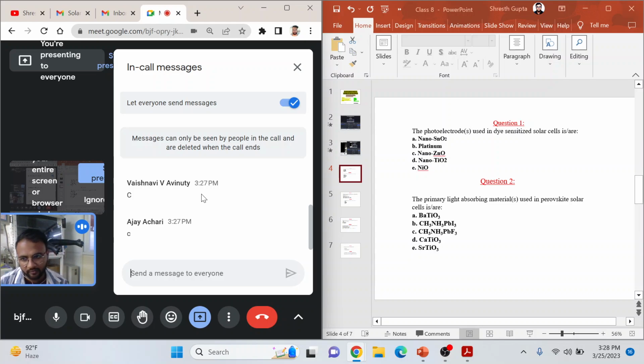One is called the Goldschmidt tolerance factor, and the second is called the octahedral factor. To lie in the domain of perovskites, the Goldschmidt tolerance factor needs to be between 0.8 and 1, and the octahedral factor also has a definite value.